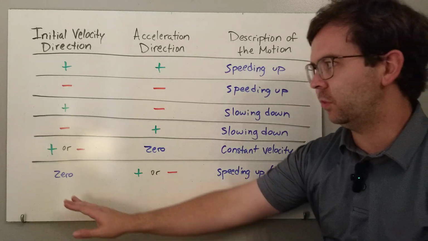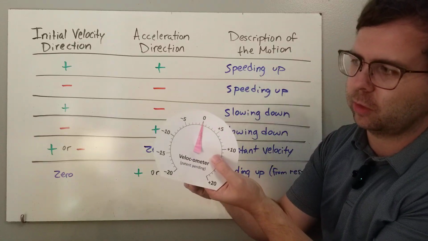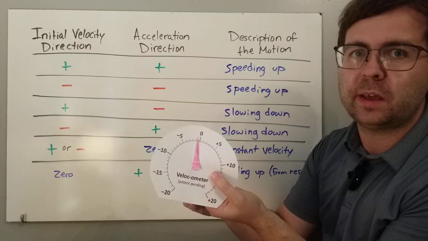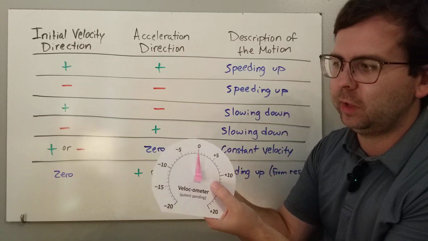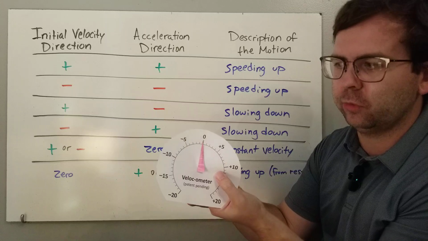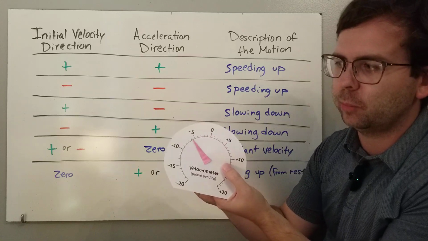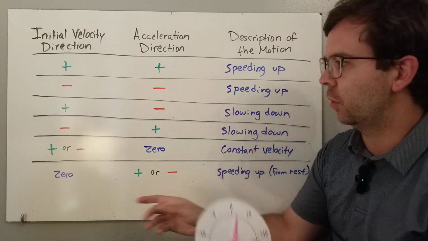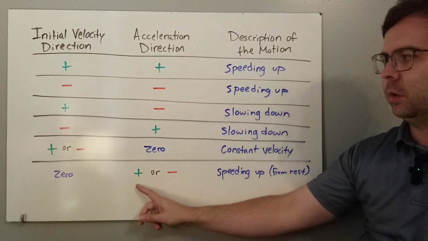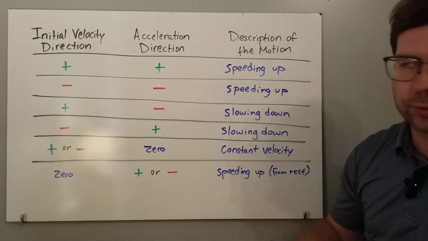On the other hand, if you had zero starting velocity, you're right here at the 0 point on our velocimeter, and you have any kind of acceleration, either negative or positive, that means you're speeding up, because right here is the slowest you can go at rest. So if you go either way on the positive end or the negative end of our velocimeter, you're going to be speeding up. So zero velocity, either positive or negative acceleration, means you're speeding up from rest.